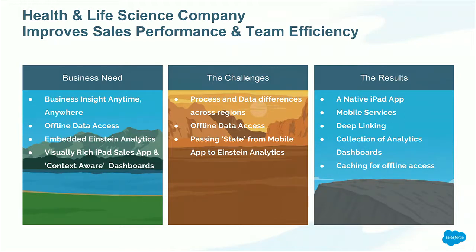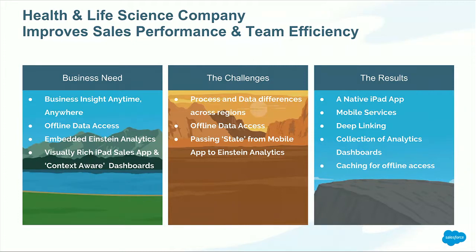And for their international sales team, they wanted to provide an iPad solution which would have rich dashboards, context-aware dashboards, which will help them look up the partner doctor network and also track the performance of the doctors and also their sales team.